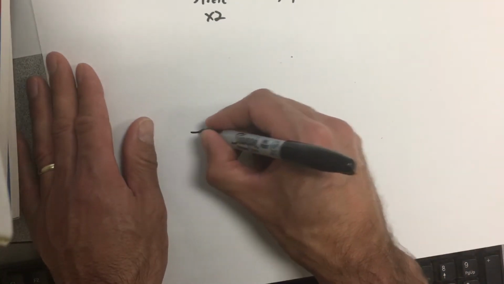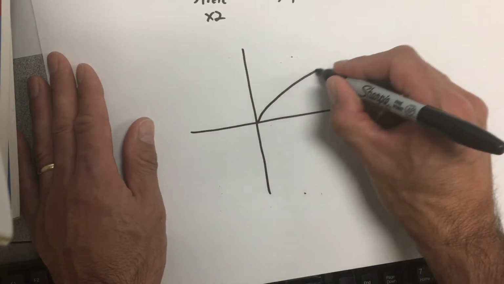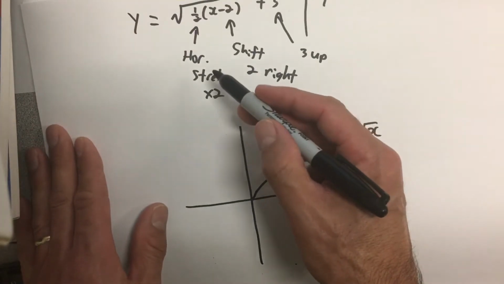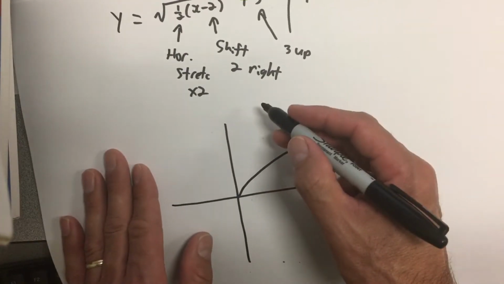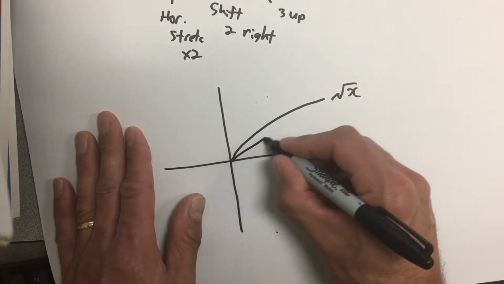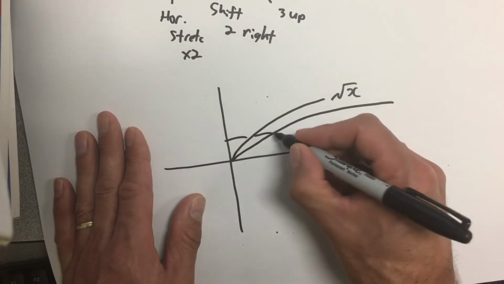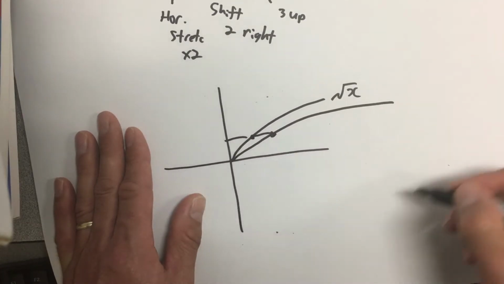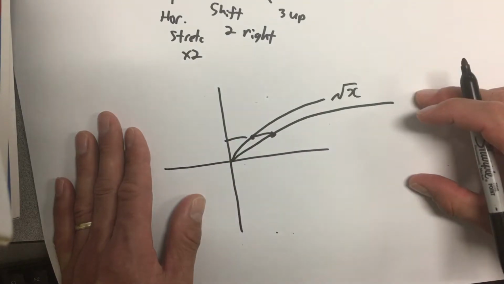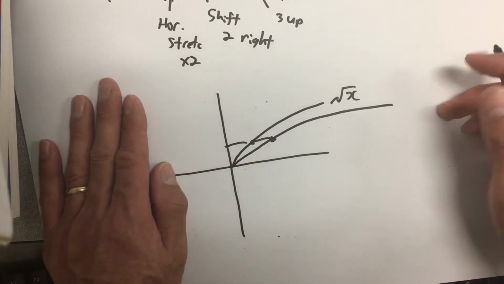So to get an idea of how to sketch this quickly, this is root x. And if I was to stretch it horizontally by a factor of 2, that's what this 1/2 indicates, it would look like this, where each point here is twice as far over as the corresponding point at the same height. That's our horizontal expansion, or horizontal stretch by a factor of 2.